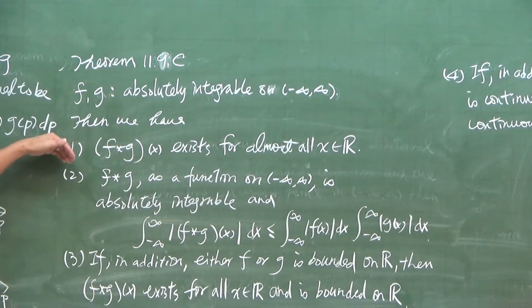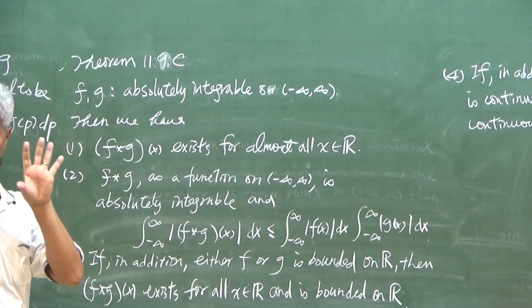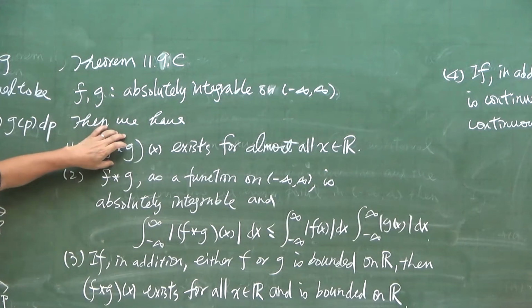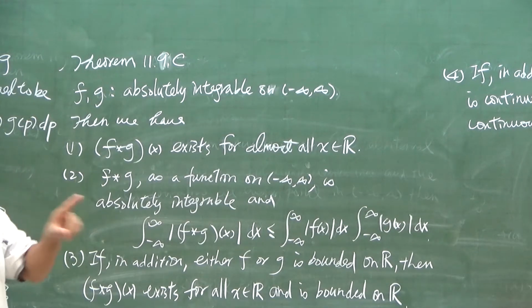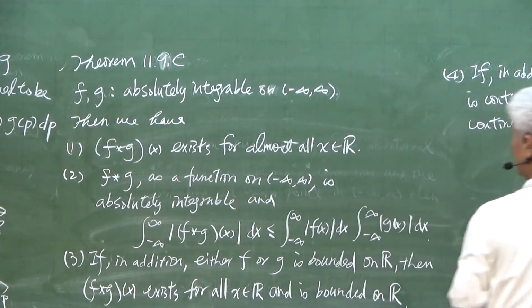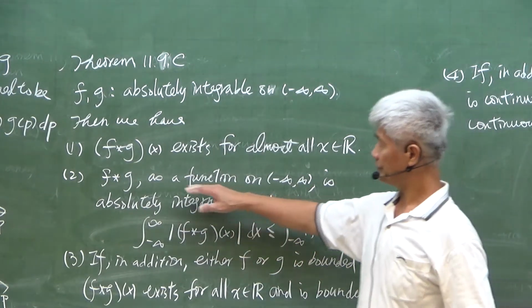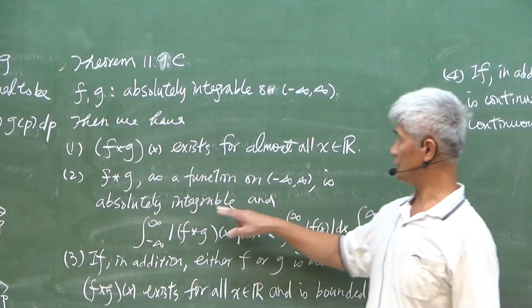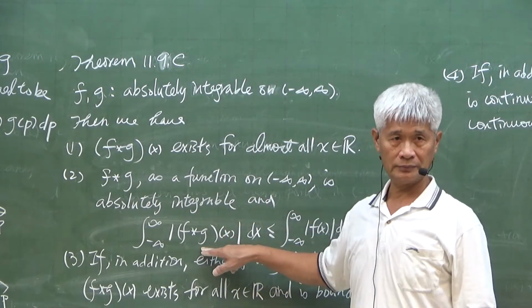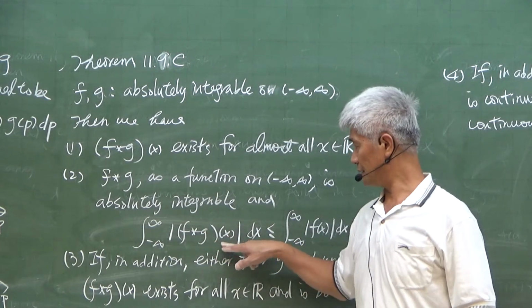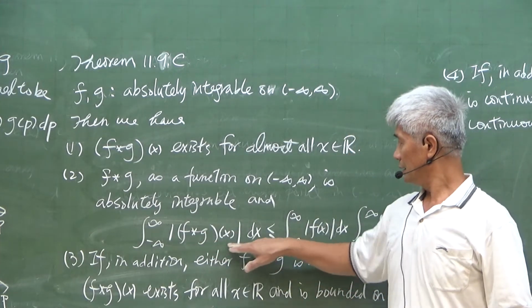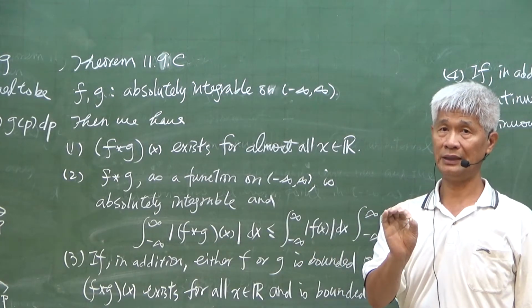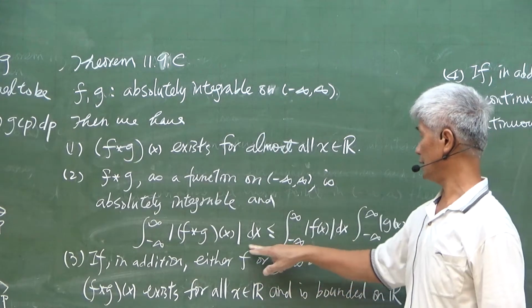Initially, if f and g are just absolutely integrable over the whole real line, then the convolution exists for almost all points in the real line. But that is good enough to define a function on the whole real line, and this function is absolutely integrable, because for integration, points on a set of length equal to 0 are negligible.